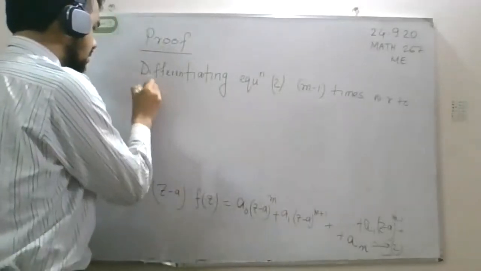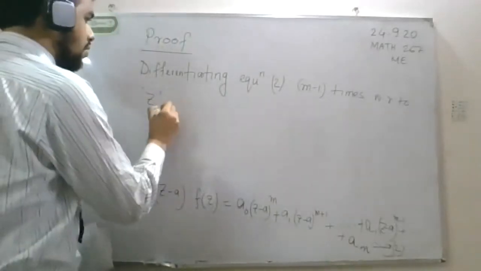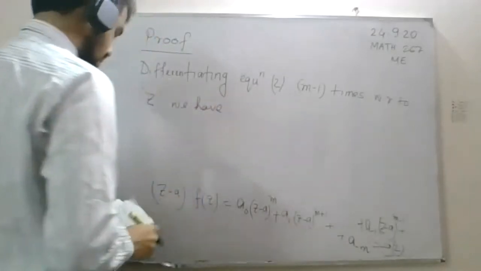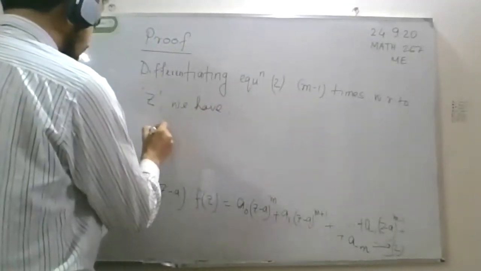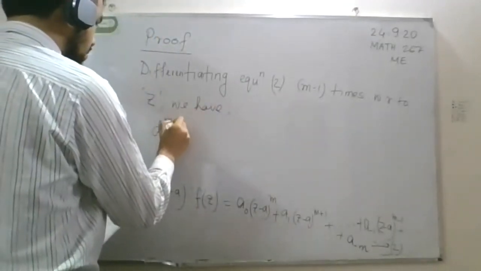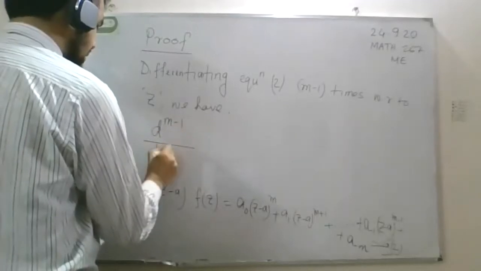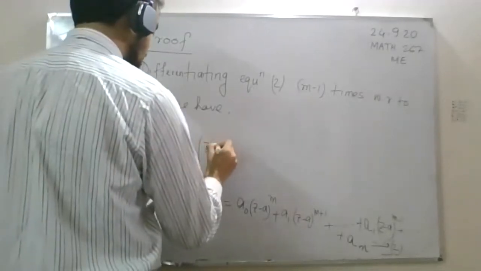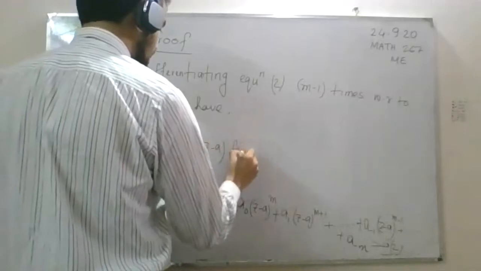Obviously, z. We have, then you can say this is d to the power n minus 1, z to the power n minus 1, and also z minus a into f(z).